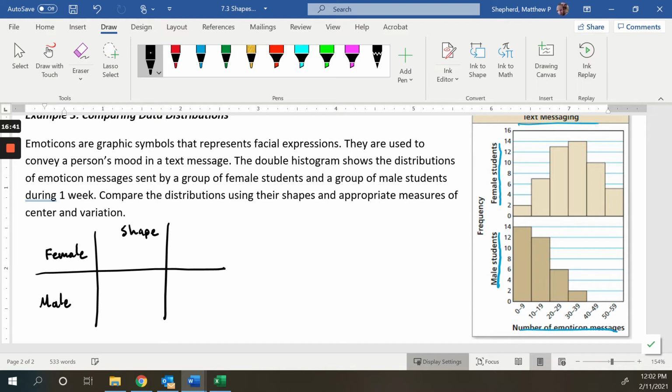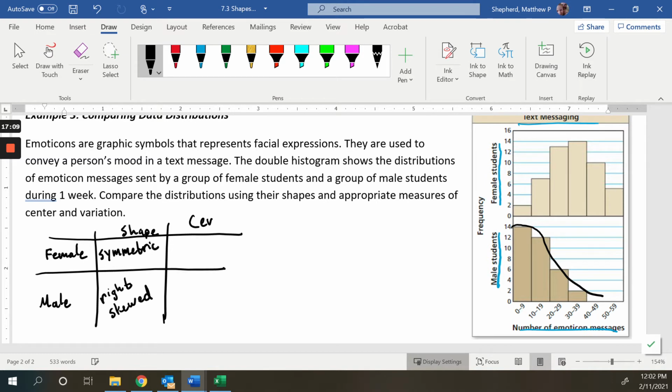So as far as shape is going, the female students, that has a nice symmetric look to it. Okay, whereas the male students, the peak is over here on the left and it tails off to the right. So that means that is going to be right skewed.